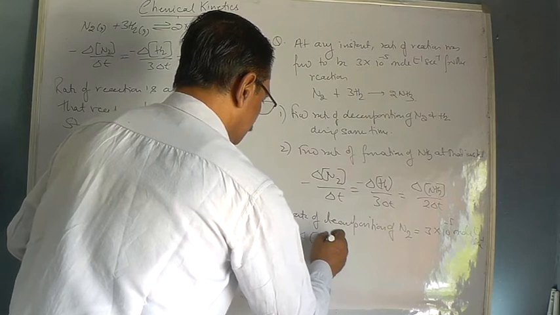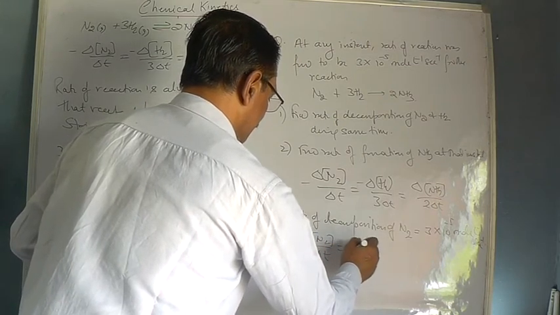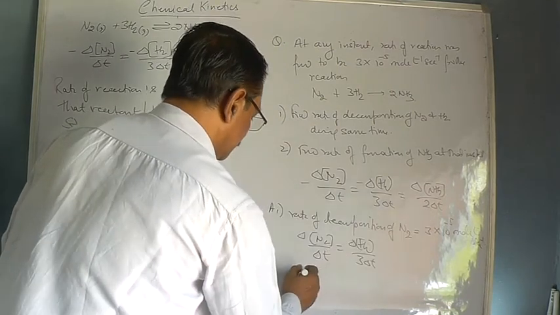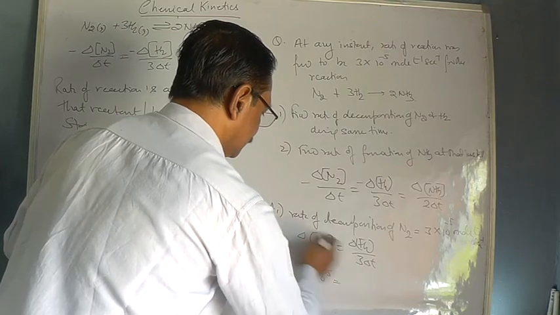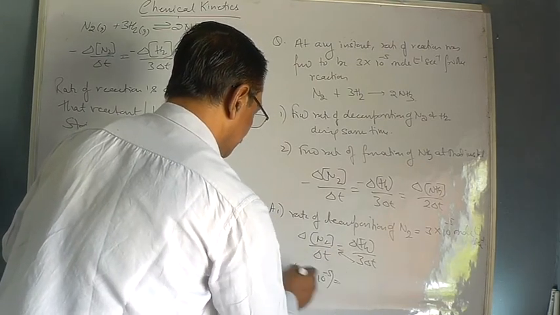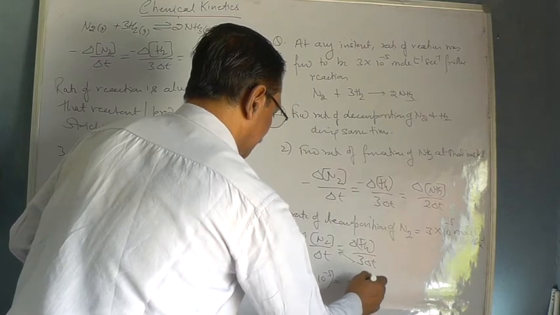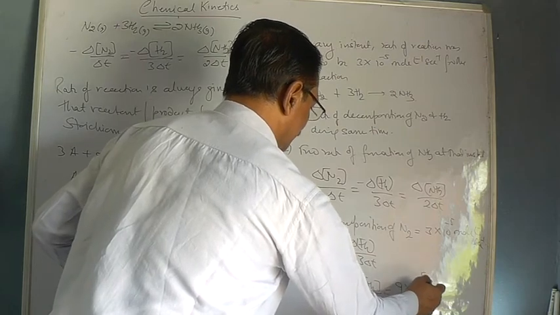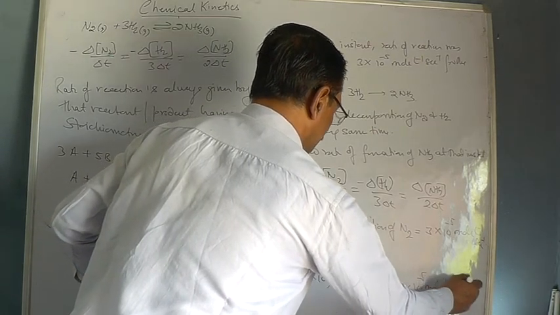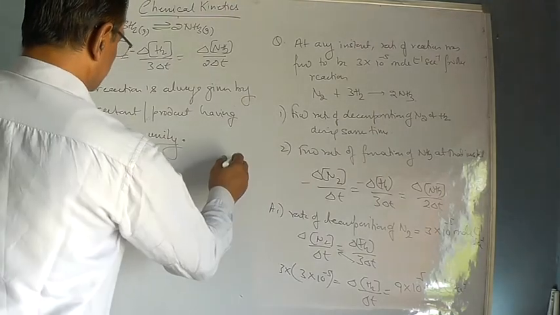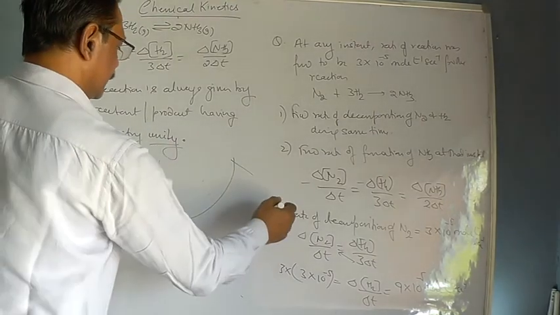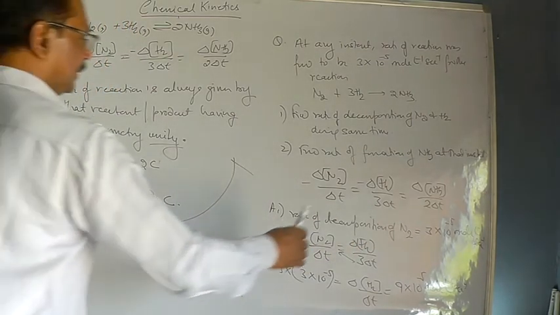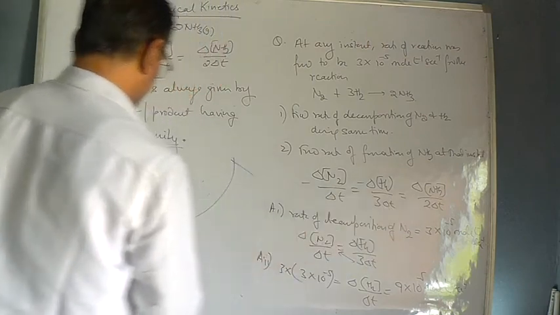So delta N2 upon delta T equals delta H2 upon 3 delta T. The value of delta N2 by delta T is given as 3 × 10^-5, and if you cross multiply, we multiply by 3 to get delta H2 by delta T. So the value comes 9 × 10^-5 mol L^-1 s^-1. Then class, this was answer number 1, this is answer number 2, 9 × 10^-5 mol L^-1 s^-1.